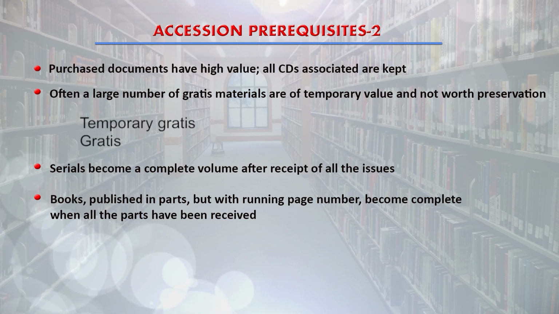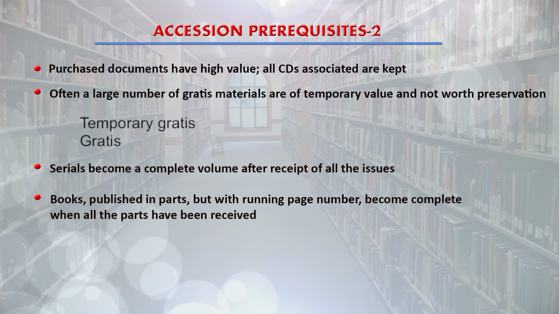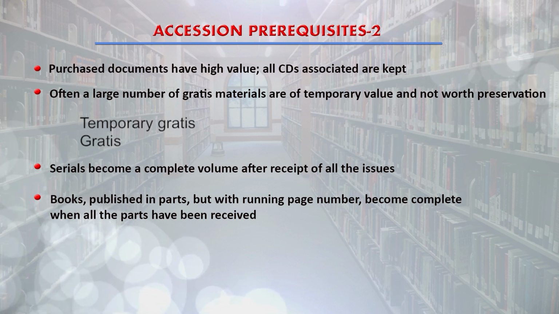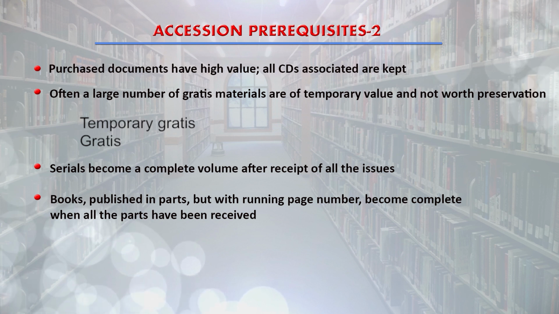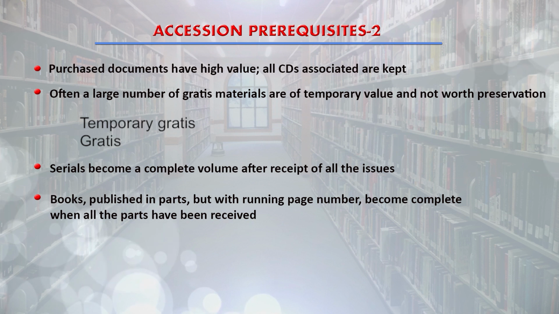Books are published in parts, maybe volume 1, volume 2, volume 3. Several encyclopedias, like the library and information science encyclopedia, are actually published in 17 volumes. There are several such encyclopedias published in several volumes. Whatever you get as part of the published document will have a running page number.